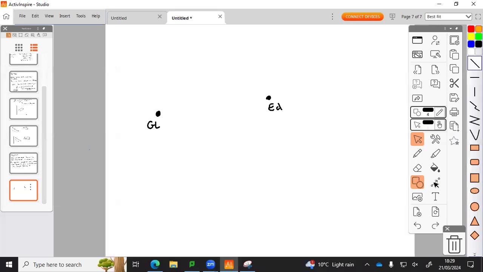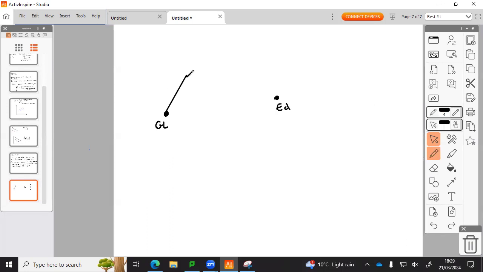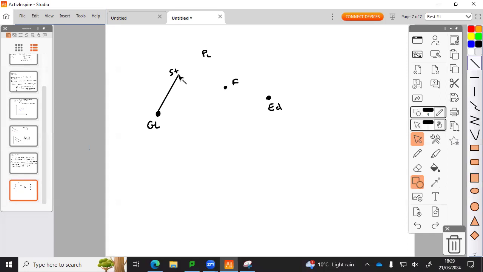To get to Edinburgh from Glasgow, I could go up to Stirling, then up to Perth, down to Falkirk, and then to Edinburgh. Now that's a bunch of different vectors I'm adding together.